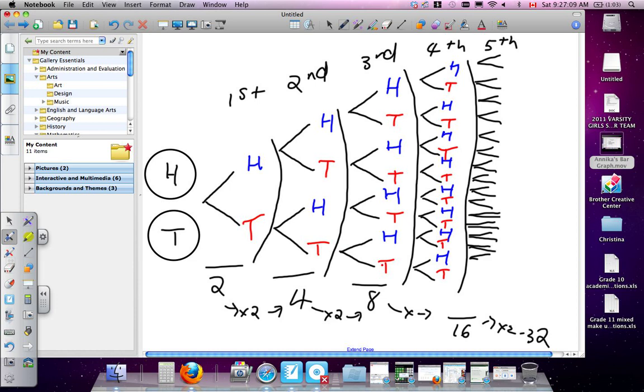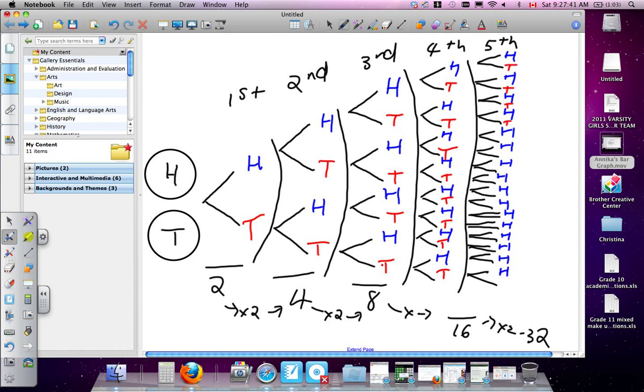Now, how many of those options were heads? Of each pairing, 1. But how many options altogether were heads in their 5th flip? Go ahead and count it out. 16.